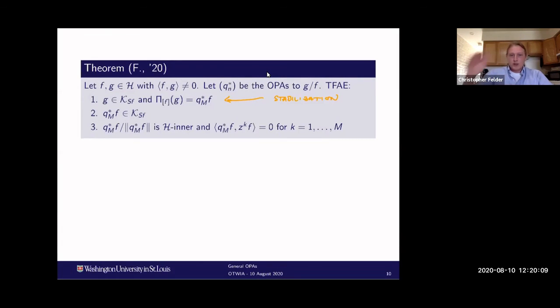If you're taking these projections and you hit an inner function, you sort of stop. You can't get any closer to the function g. And just a word about the proof. Most of it is just baked into the definitions. The only place that you really need any work is 3 implies 1, and you just need some algebraic tricks there.